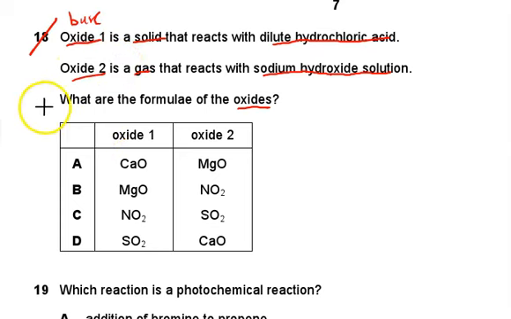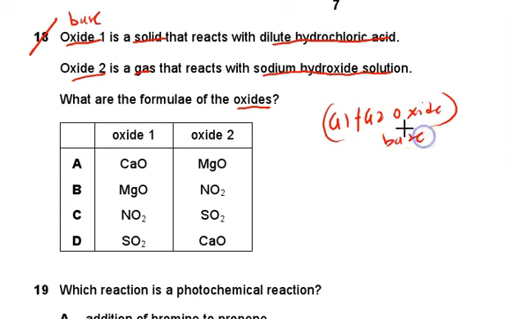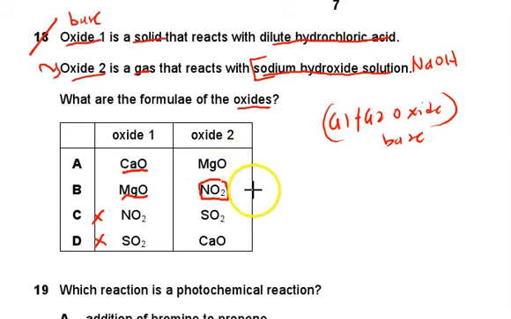So group 1 and group 2 oxides are bases. They have alkaline characteristics, which is suitable for calcium oxide and also magnesium oxide. Both of these others are acidic, so this is wrong. And oxide 2 is a gas that reacts with sodium hydroxide solution. So here your only answer will be nitrogen oxide, which forms a brown color. So your answer here will be B.